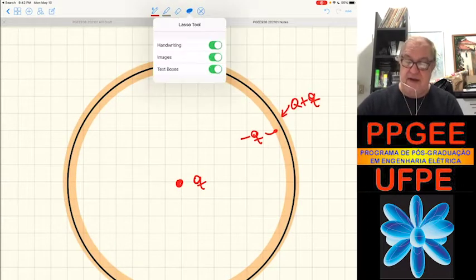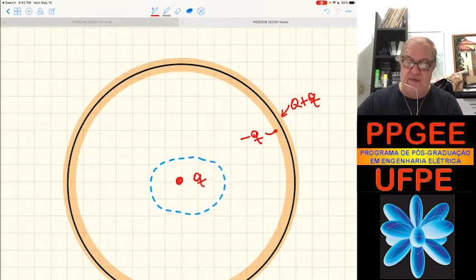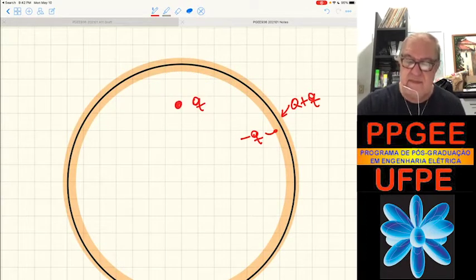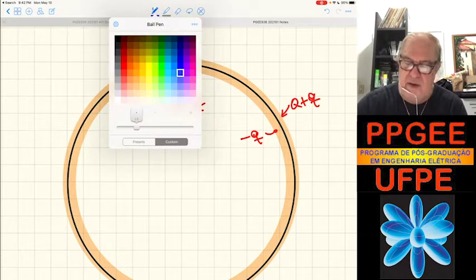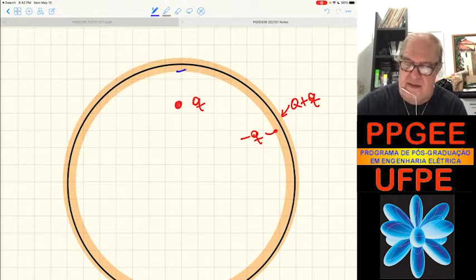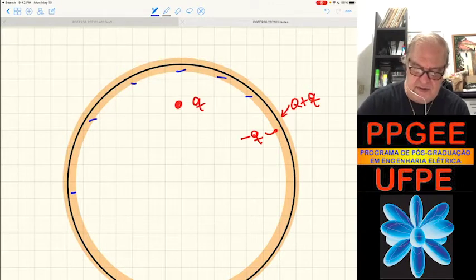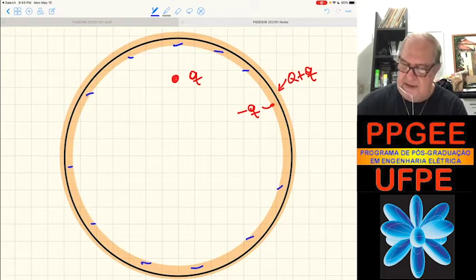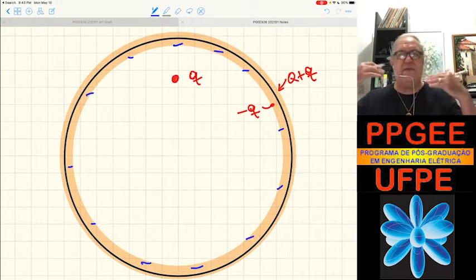So whatever I do here, I can move this around. When I do that, I'm going to have a non-uniform charge distribution inside. But outside, the thing still remains the same.